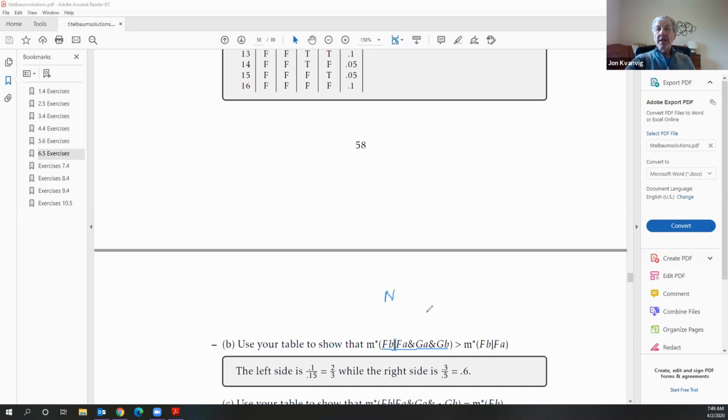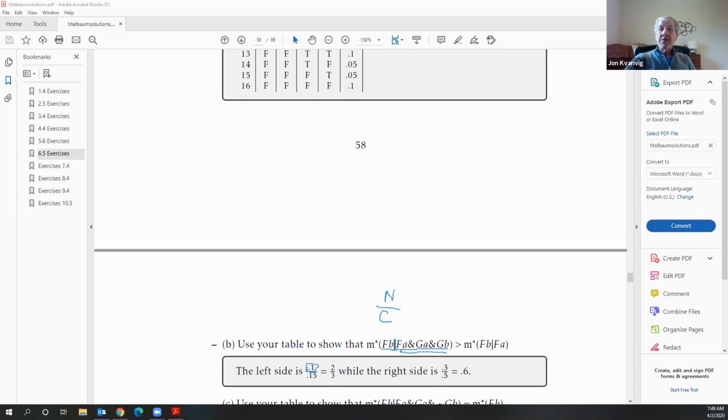So we want the probability of FB and FA and GA and GB over the probability of the condition itself. Okay, so what's the measure of FA and FB and GA and GB? Well, that's line 1 on the truth table above. So its probability is 0.1.